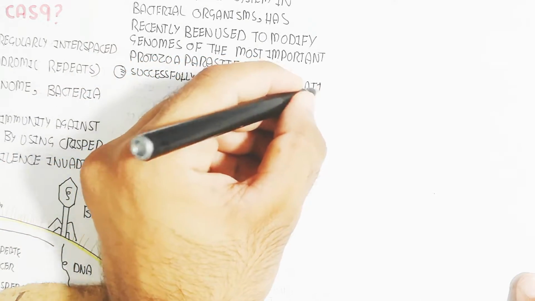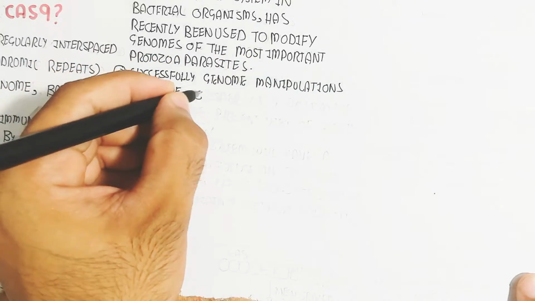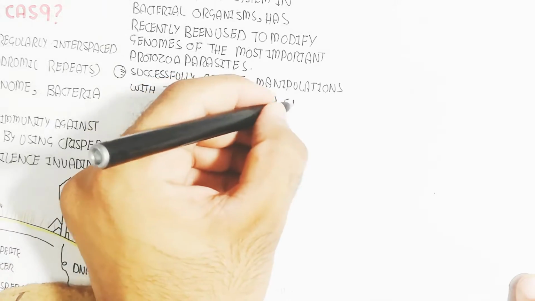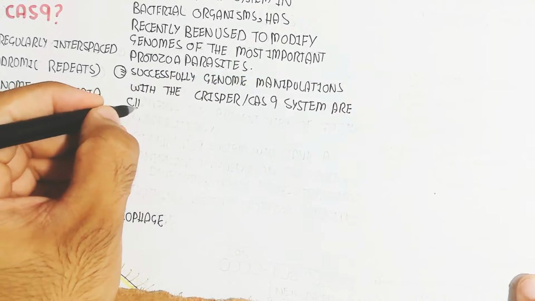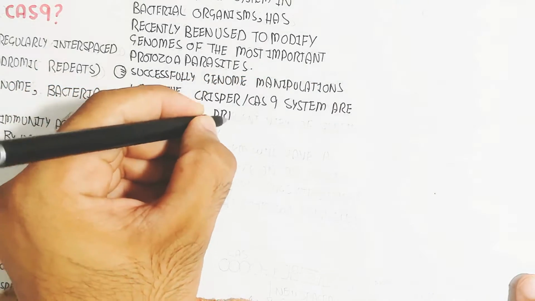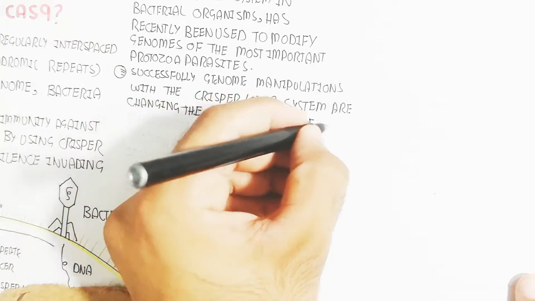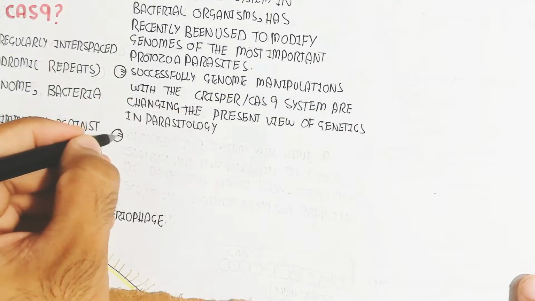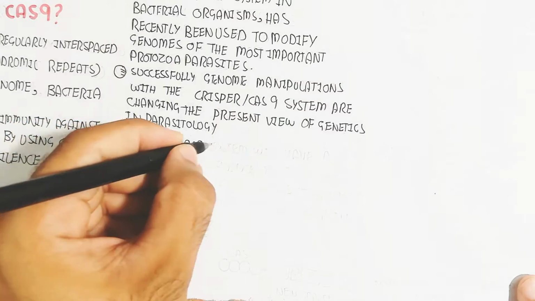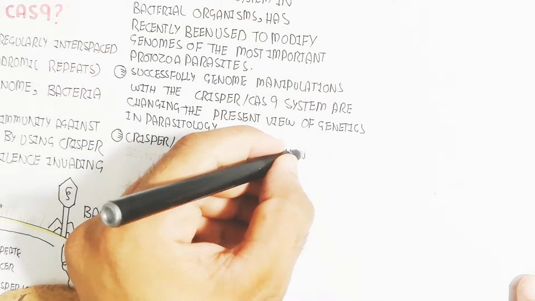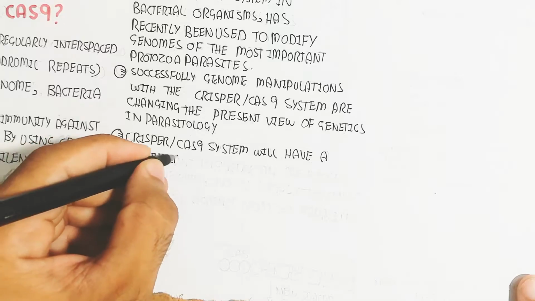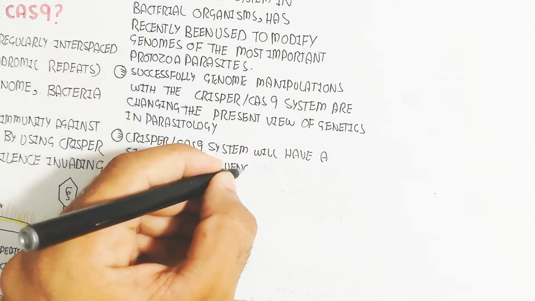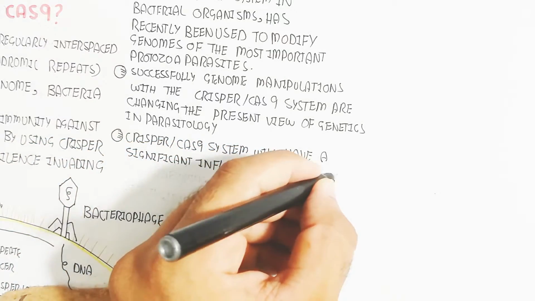Anyhow, genome manipulation has been successful, changing the present view of genetics in parasitology. The CRISPR-Cas9 system will have a significant influence on the process of developing novel drugs and treatment strategies against protozoa and parasites.